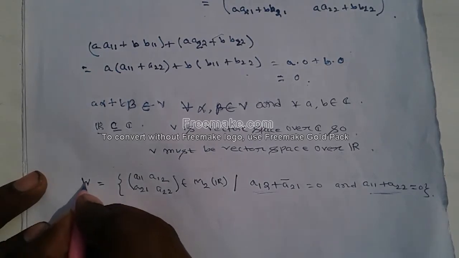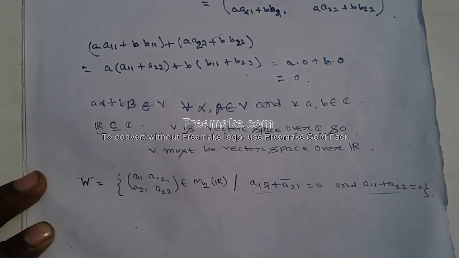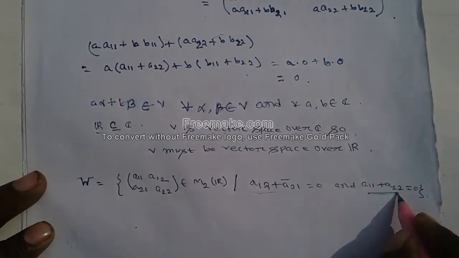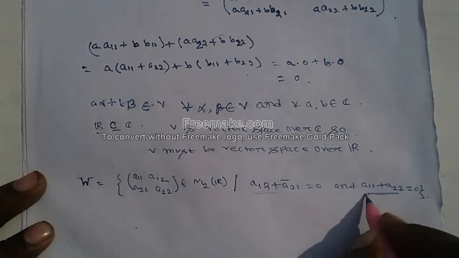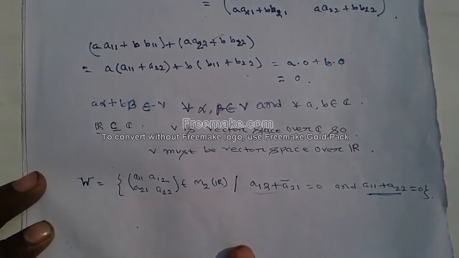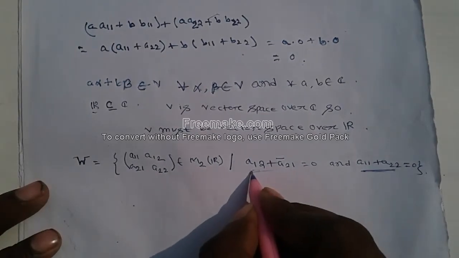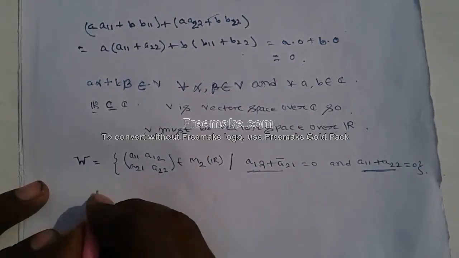Because W is a subset of V and every element of V satisfies the trace condition, W must satisfy it. So we only check the other condition.